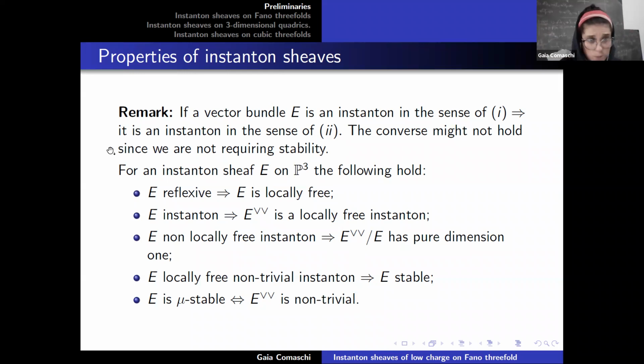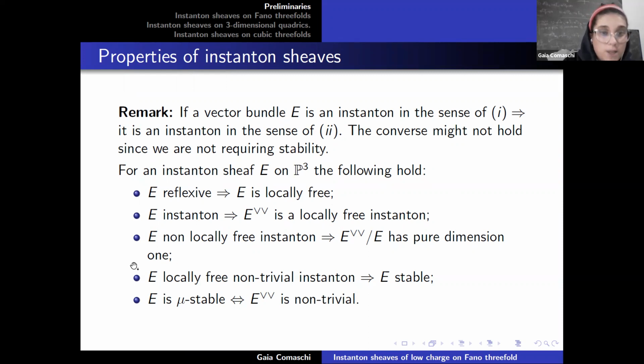Indeed, we can prove the following: whenever we have an instanton sheaf E on P3, it satisfies the following properties. If E is reflexive, then it is locally free. Its double dual is always a locally free instanton. If an instanton is non-locally free, then the quotient of E double dual by E is a sheaf of pure dimension 1.